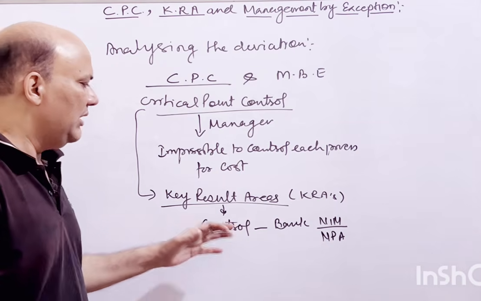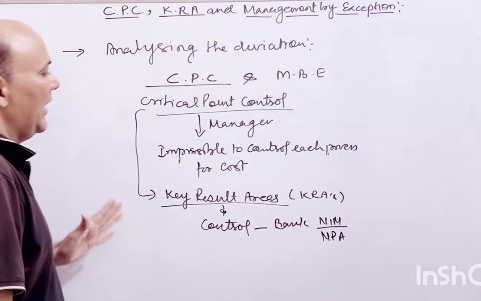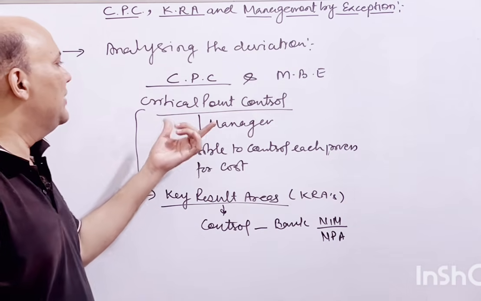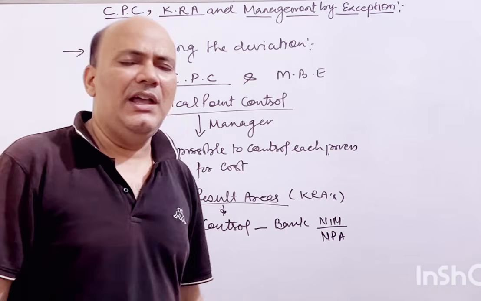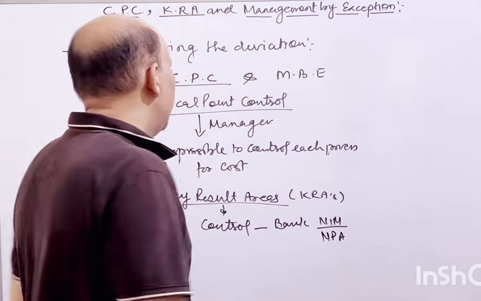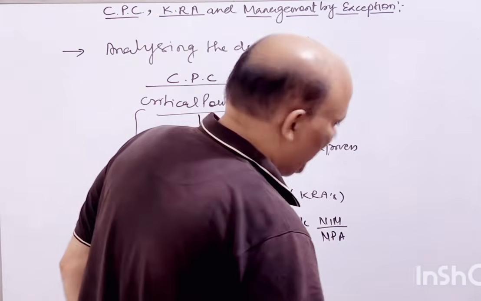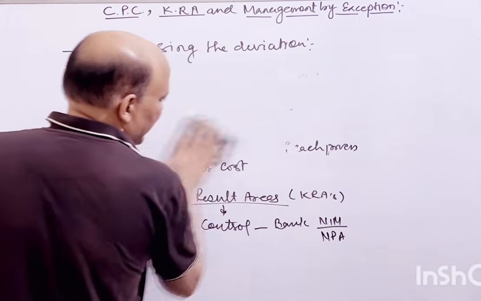So those are called key result areas, and you have to identify them so that you can have critical point control, where you control the key things and you are not trying to control each and everything. So that is called critical point control along with your key result areas.